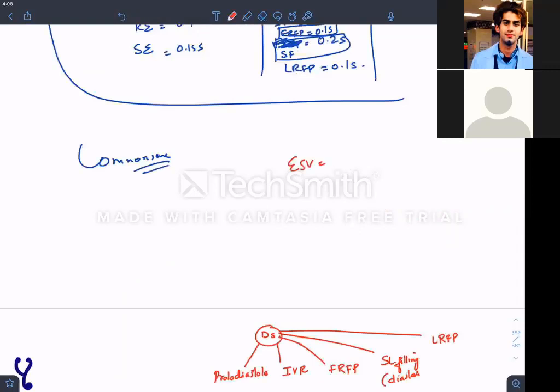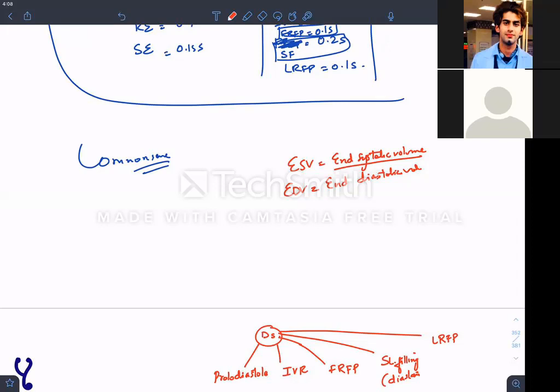ESV is end systolic volume, and EDV is end diastolic volume. End systolic volume means the volume of blood which is remaining in the ventricle at the end of systole.